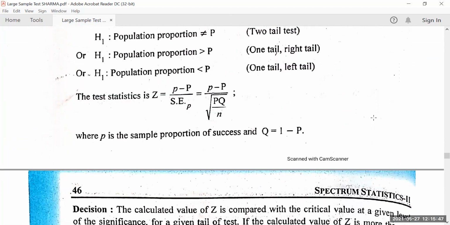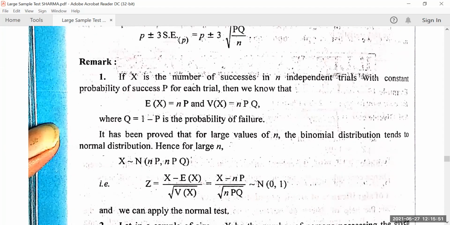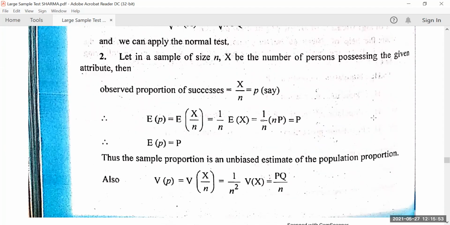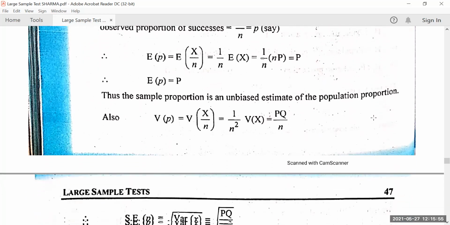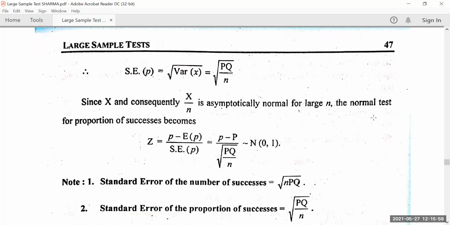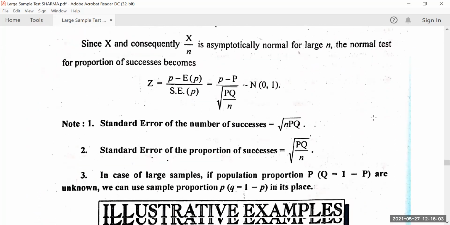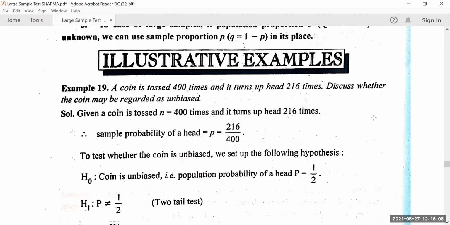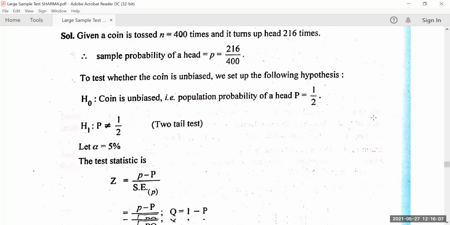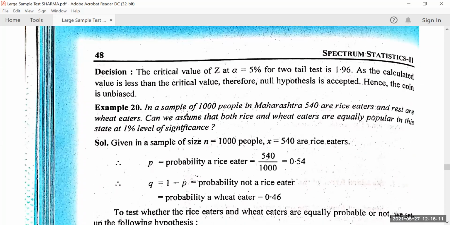So we were doing the examples. Here this is a kind of derivation they have given. The first example we have done. Now we will come to the second example.